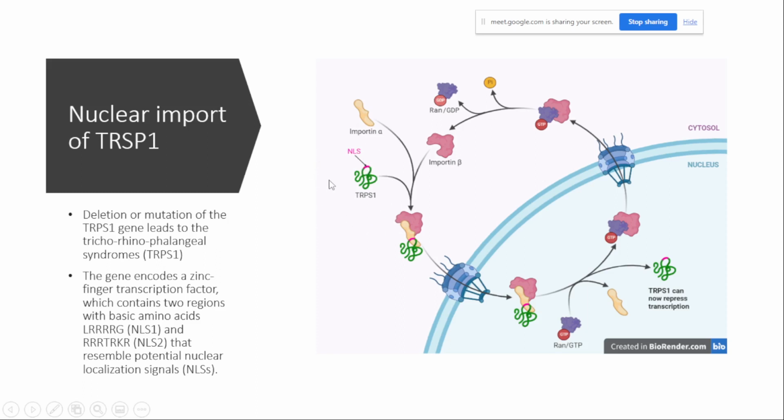Due to this problem it will not be imported, and as GFP is tagged there, GFP will not reach the nucleus, and you will not see any fluorescence recovery after photobleaching. So that is a direct technique by which you can measure whether the nuclear import of your proteins is affected or not.